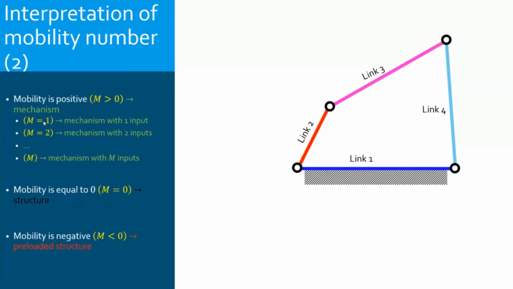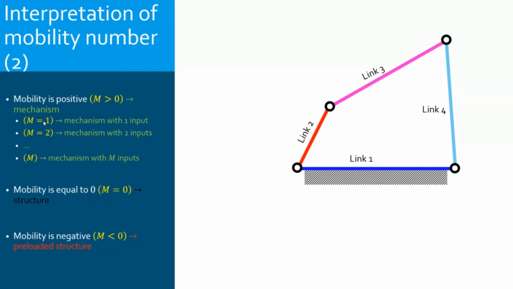Now, when I say input, it's a degree of freedom that you need to control by an external source of energy: 1 degree of freedom if it is 1 input, 2 degrees of freedom if it is 2 inputs, 3 degrees of freedom if it is 3 inputs. If I say 2 inputs, you can control the 2 degrees of freedom on the same link or on 2 different links.